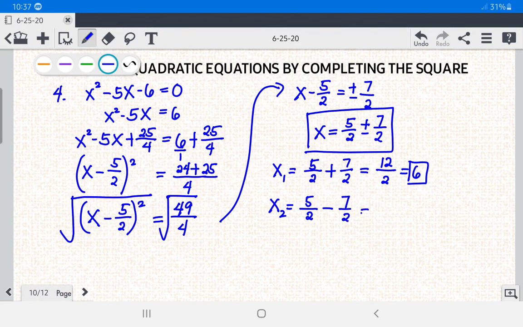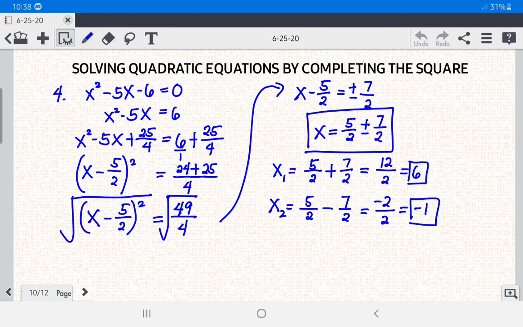So 5 minus 7 is negative 2, divided by 2. Since they are similar fractions, you just copy the same denominator, which is 2. Negative 2 divided by 2 is negative 1. Okay, this is not yet the final answer because we're going to check.